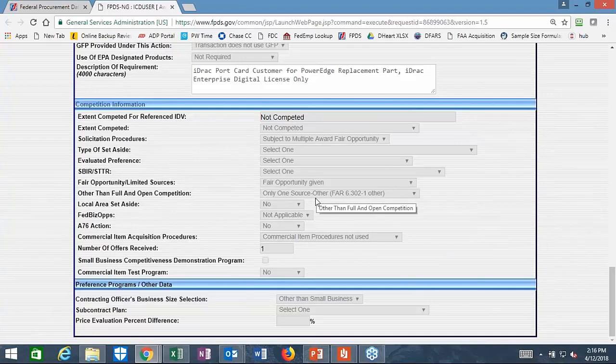There was only one source on the IDV, and it clearly is showing that the upstream IDV was not competed right here. But by mistake, the user in this example put in fair opportunity given in this field here. Therefore, this order counts as competed.